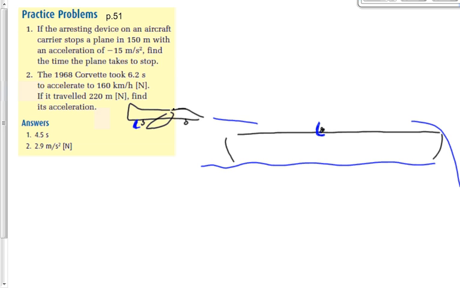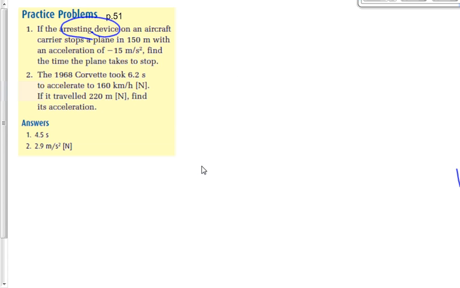Okay? But this is the big thing. This is what stops us. This is what gives us the big deceleration, this arresting device on the aircraft carrier. So it stops it in 150 meters. My displacement would be 150 meters here. The acceleration is -15. It's slowing down at 15 meters per second squared.